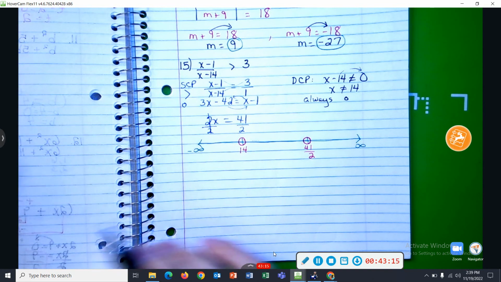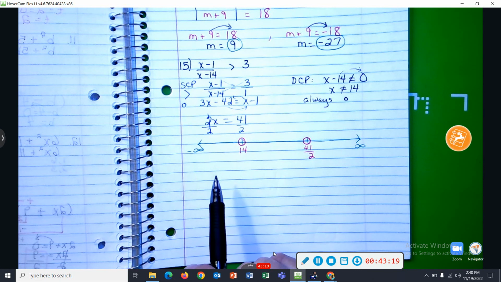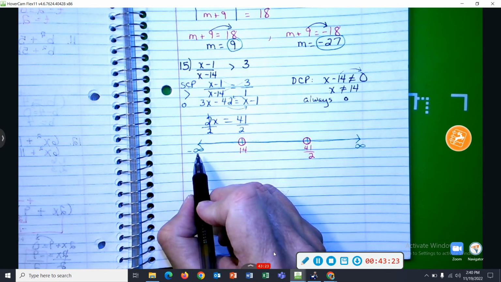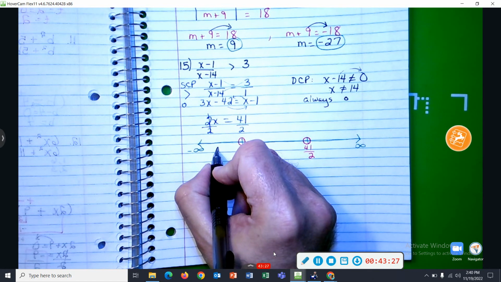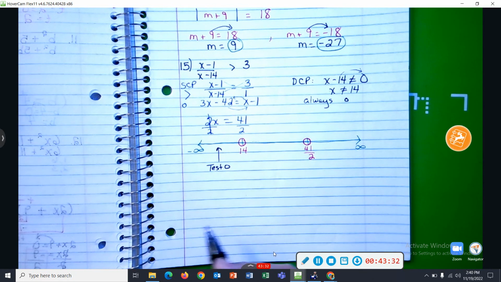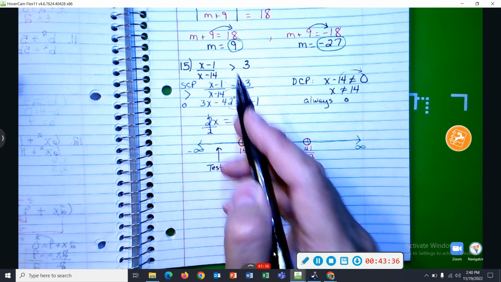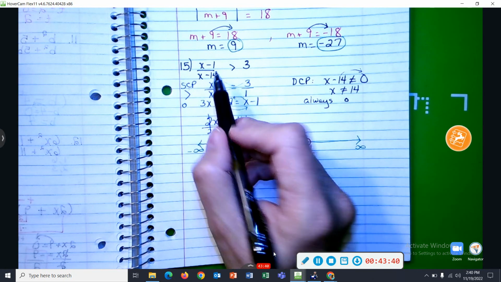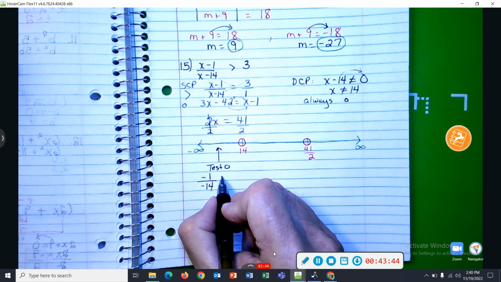Now we need to test an interval. I usually like to use 0 as the test point. So which interval am I testing? Well, 0 is always between negative and positive. So this is the interval I'm testing. If I plug a 0 in here and here, 0 minus 1 is negative 1. 0 minus 14 is negative 14.